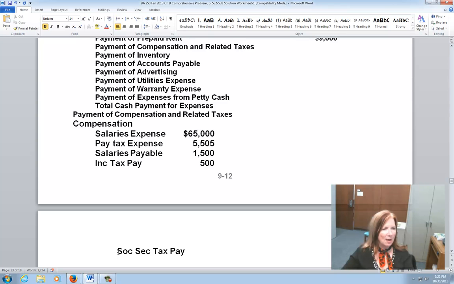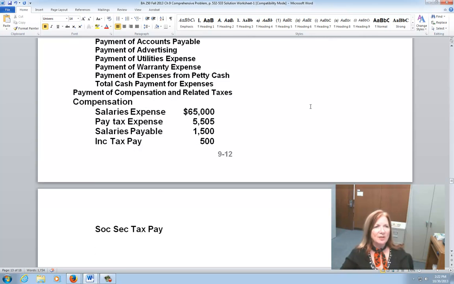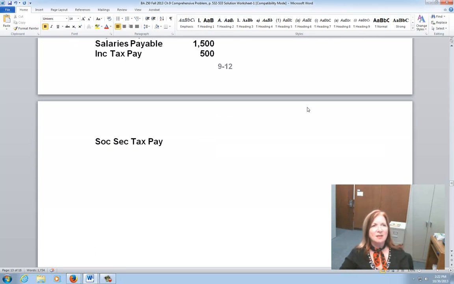I'm just typing this way. It's not the way it would normally be typed. You normally do it on a worksheet someplace, but I don't have any other place where you can see these, so I have to keep doing them this way. So this one is 600.